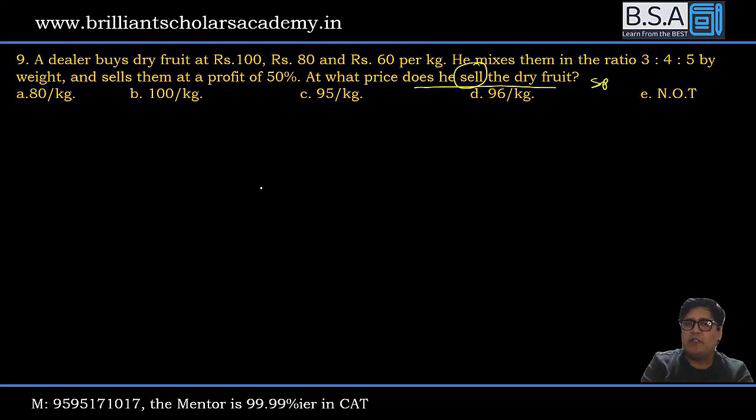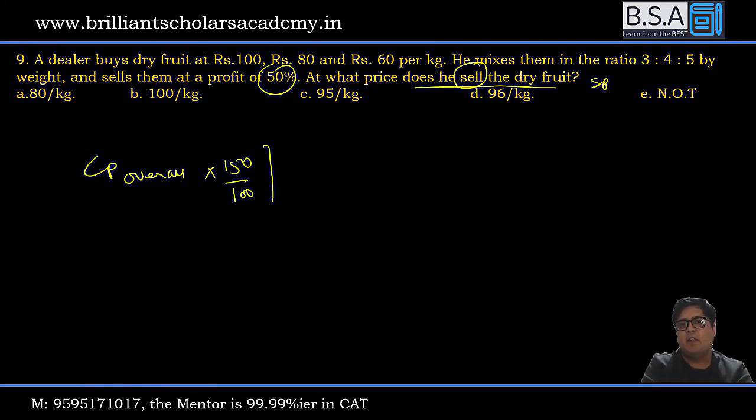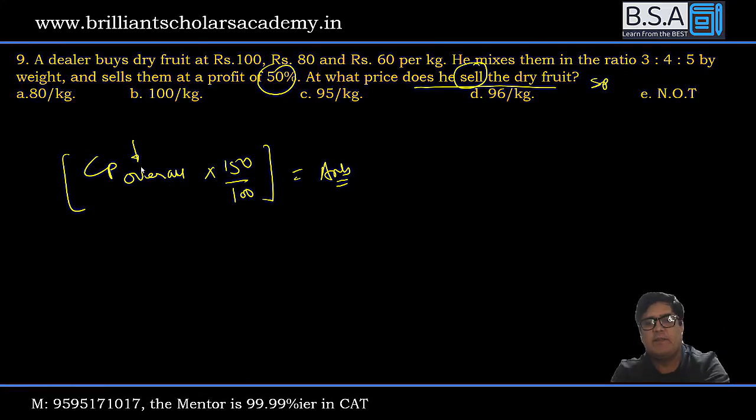What you can do is find out cost price overall and 50% profit is 150 upon 100. You multiply this and the next step is your answer. The only effort you need to put in is finding the overall cost price or the average cost price. Give it a shot. Give me an answer.